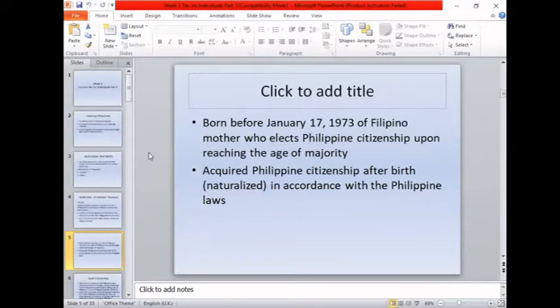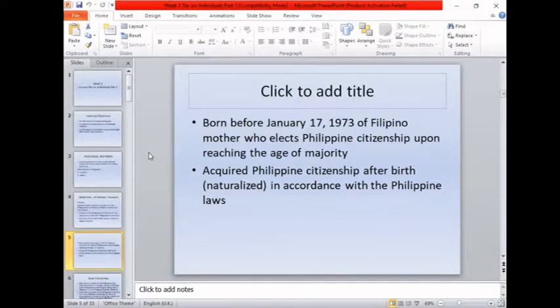A Filipino citizen is also one born before January 17, 1973. Please take note that their Filipino mother was to be elected to Filipino citizenship at the age of majority.